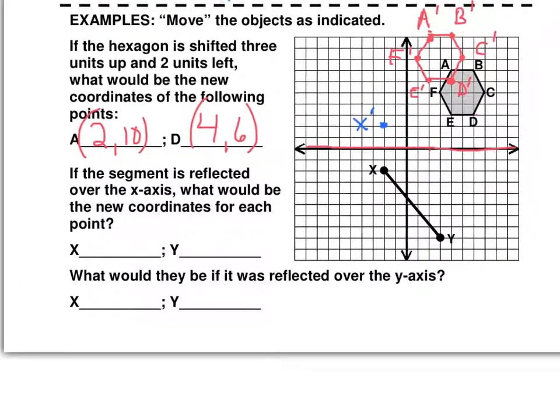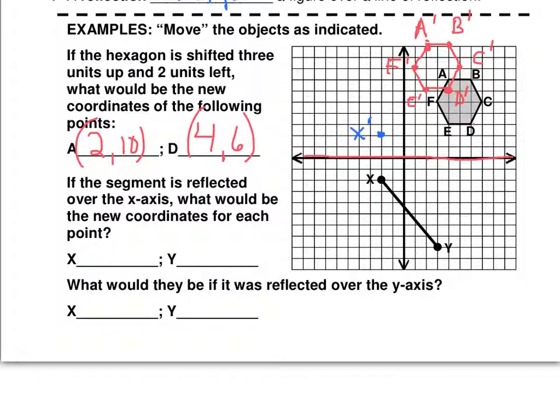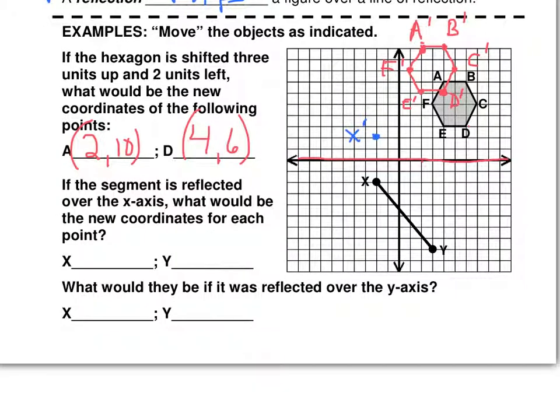And then if I want to reflect the y, I'm going to reflect it up to the same position, across the x-axis right here. So I'm going to take my point y, and I'm going to count how many places it's down from the x-axis. So it's 1, 2, 3, 4, 5, 6, 7, 8. So this is at negative 8.